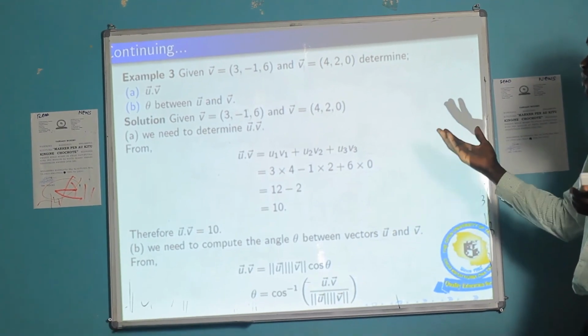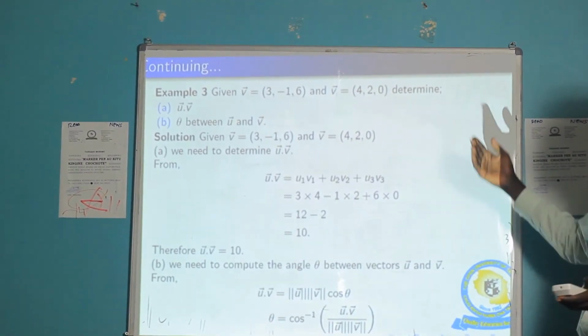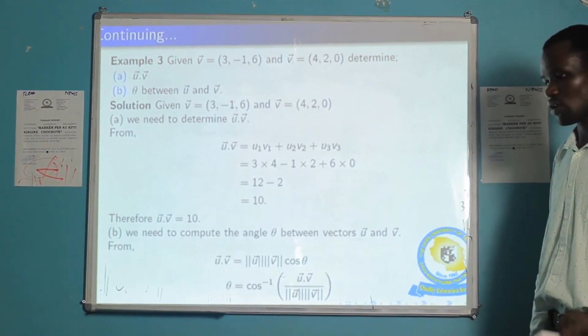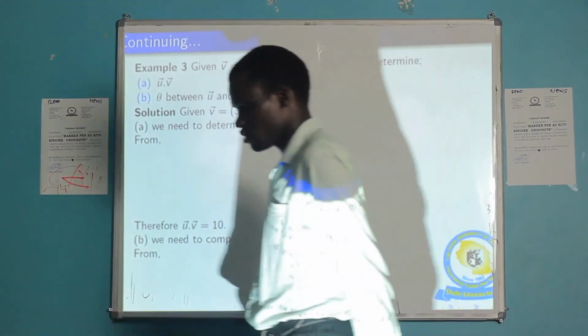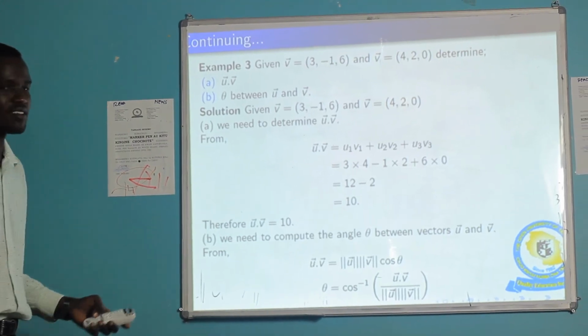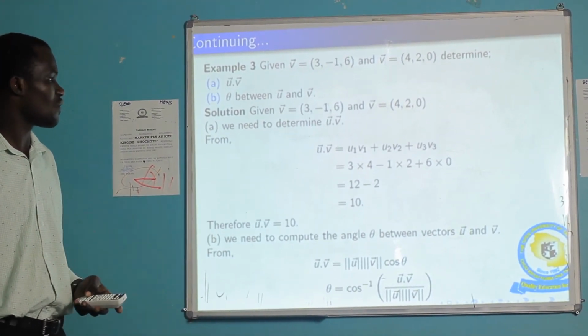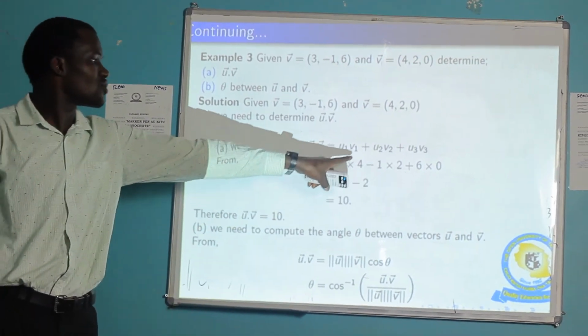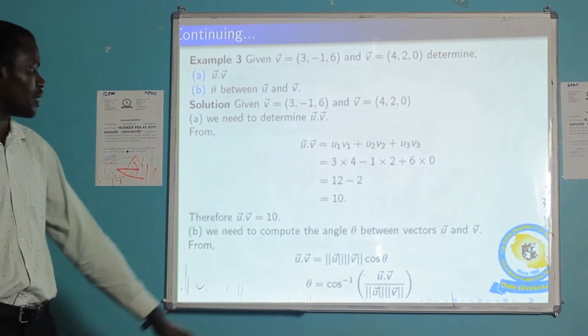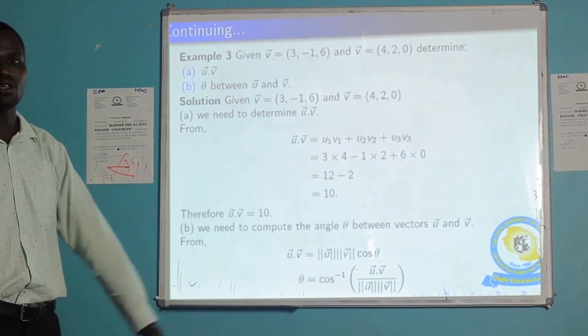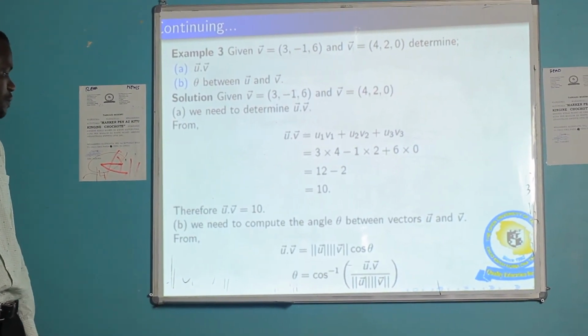So now you can be given 2 vectors and be asked to find the product between the vectors without being given an angle between them. This is just taking the summation of the products of the corresponding components of the 2 vectors. And now here you see how it comes very quickly. The product between these 2 vectors given there is 10, the dot product.